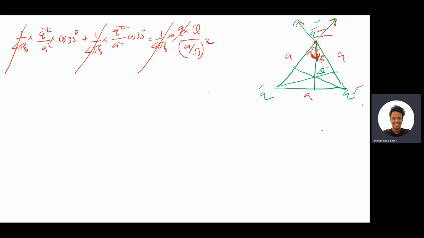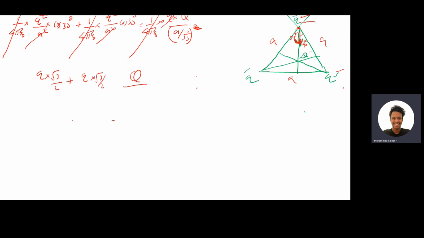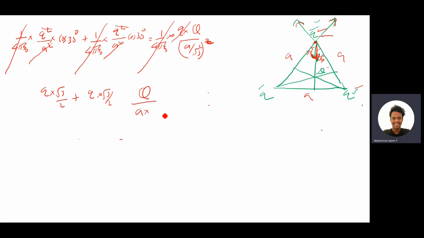And we have a square everywhere, we'll cut it. And what is cos 30? Root 3 by 2, right? So q into root 3 by 2 plus q into root 3 by 2 equals q by a into root 3 square, just 3, q by 3. Okay.